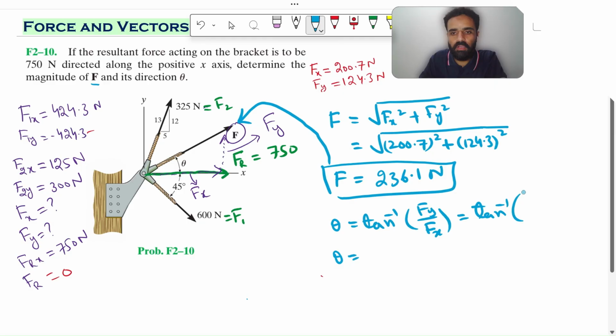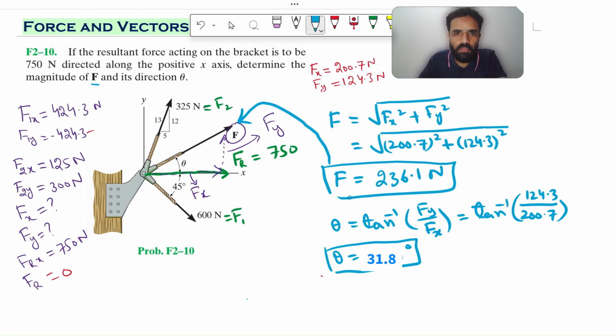The Fy value is 124.3 divided by 200.7. After calculation, I get the value of theta, which is 38.1 degrees. So we found the value of the unknown third force and its direction, measured from this axis anti-clockwise. We found theta and this F value.